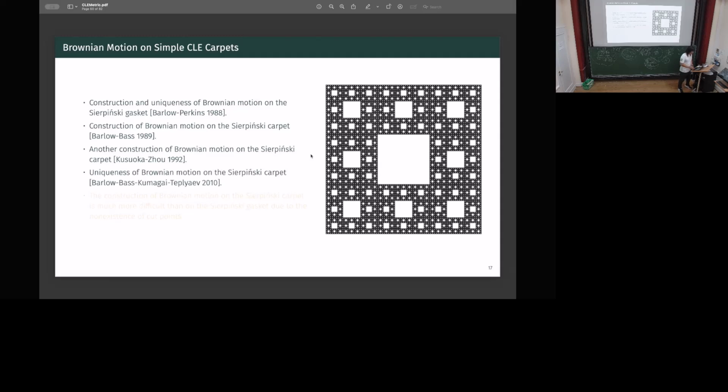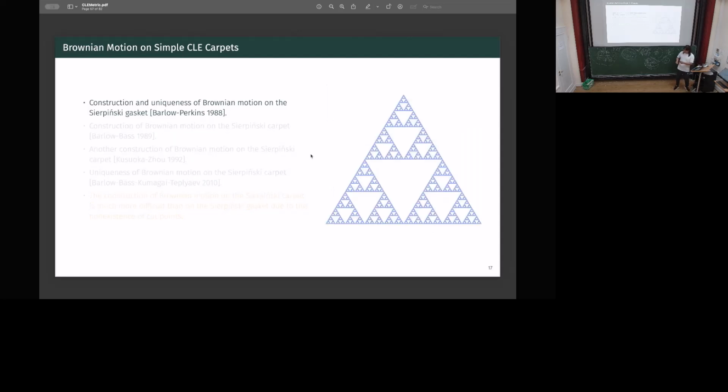Not until 20 years later, in 2010, it was proved by Barlow, Bass, Kumagai and Teplyaev that the uniqueness is true. So this says that the construction of Brownian motion on the Sierpinski carpet is much more difficult than the gasket. The reason is the non-existence of cut points. The cut points are like these points where these triangles intersect, like these, and also these.